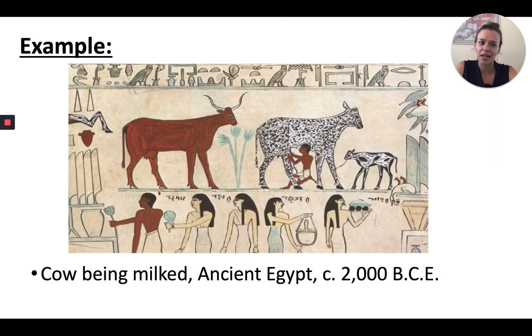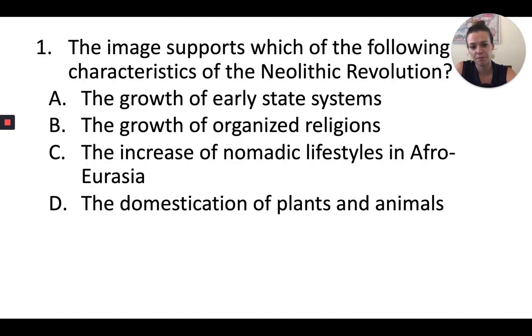We're going back, practicing another one of these source-based multiple choice questions, but I'm not asking you about Rome, I'm asking you about Egypt. See if you guys remember stuff from our first day of lecture. So remember, you can pause the video, you can go back, but our source here is a cow being milked in ancient Egypt around 2000 BCE.